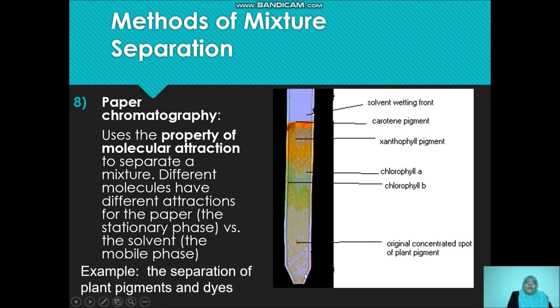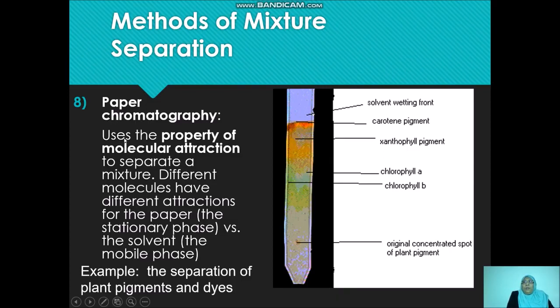The water will go up and bring the pigments. On the way to the top, the pigment will be separated into many substances. The first is chlorophyll B, the second is chlorophyll A, and finally carotene pigments, like this.